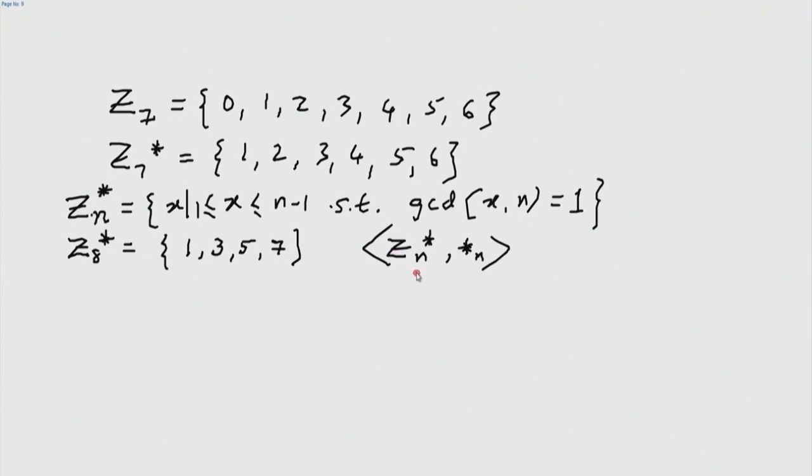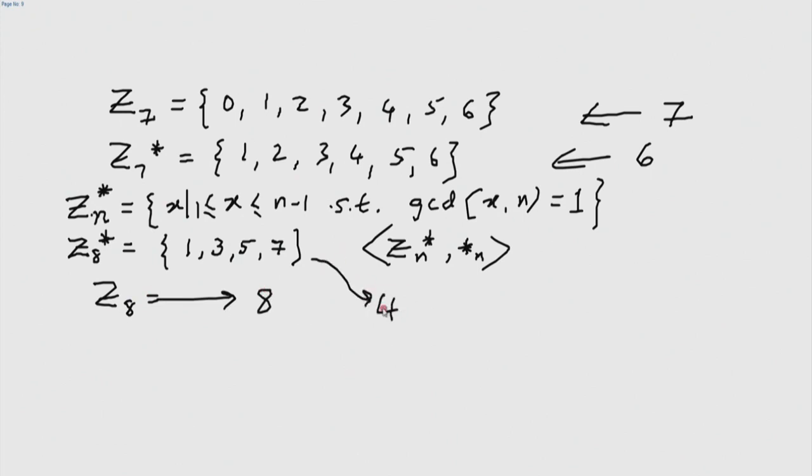But if I put a prime number, then the elements of that set will be everything from 1 to p minus 1. Well, here you will be skipping some of the elements. So how many elements in Z7 star? The answer is 6. How many elements in Z7? The answer is 7. How many elements in Z8? The answer is 8 elements. How many elements in Z8 star? Answer is 4.